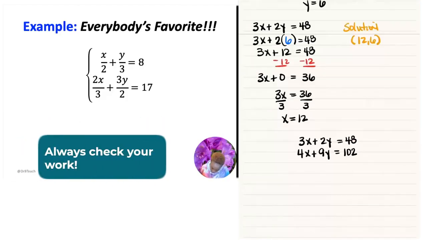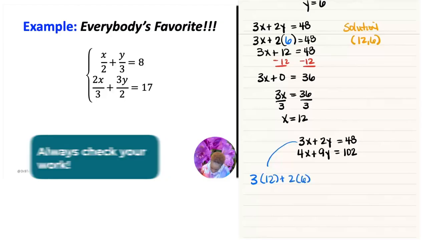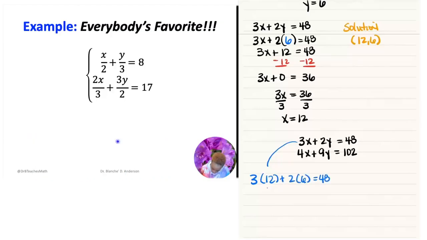All right. So we have 3 times 12 plus 2 times 6 equals 48. You have 36. And then, 48 equals 48. That's true. And then let's do this one over here.